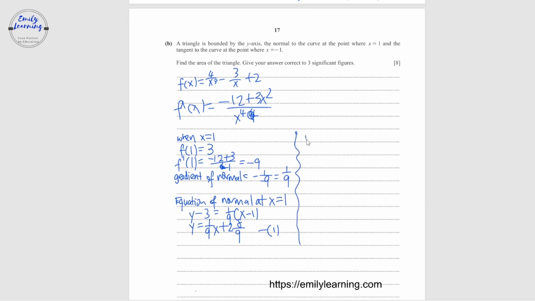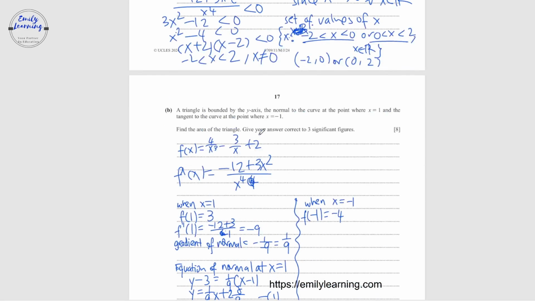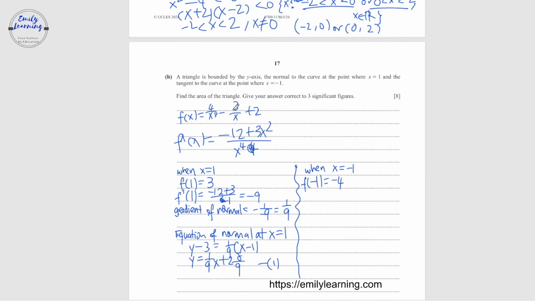Next, when x is negative 1, my f(-1) is 4 over negative 1, which is negative 4. Then this is 3 over x, right? So it is minus 3 over minus 1, so it becomes positive 3, plus 2.